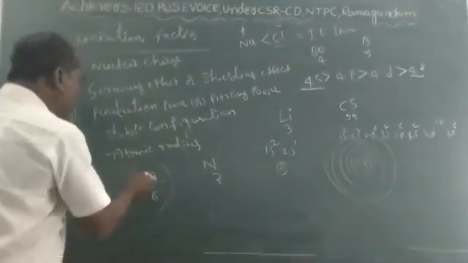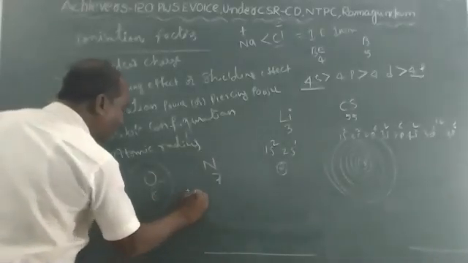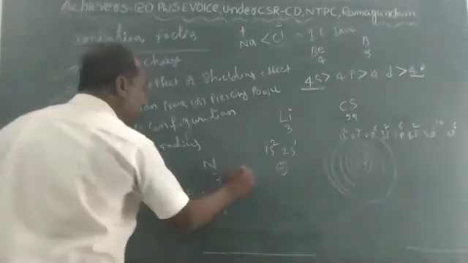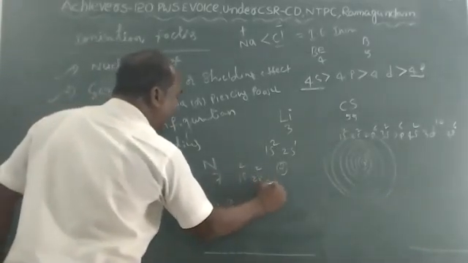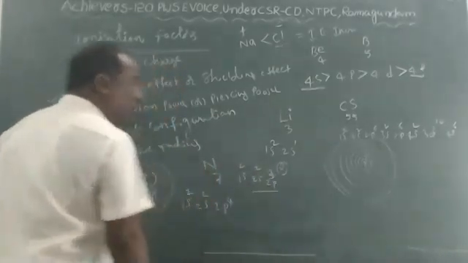Just compare the electron configurations. Oxygen is 1s2 2s2 2p4. Nitrogen is 1s2 2s2 2p3.